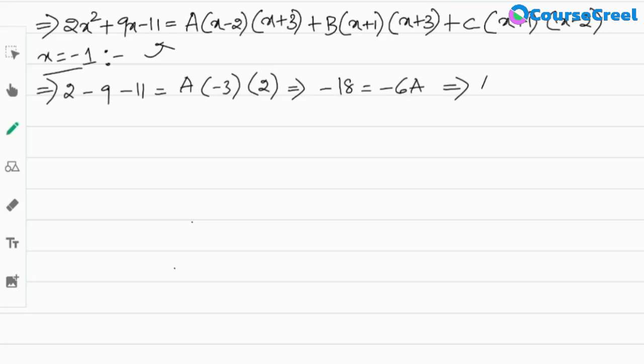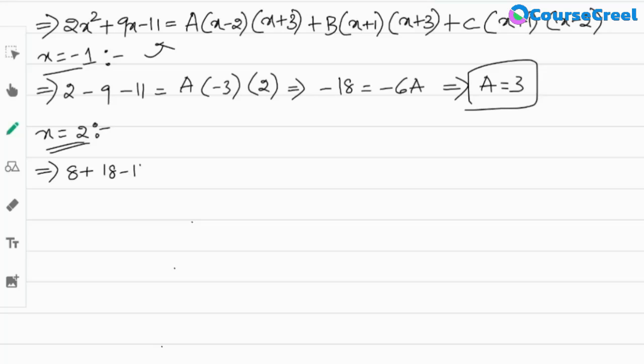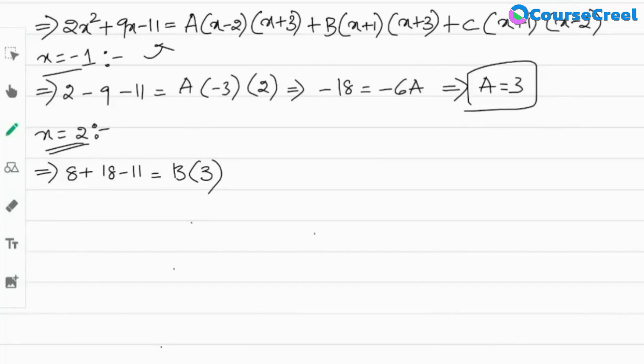This implies a is equal to 3. So we got the value of a. Now substitute the next root, x equals 2: 8 plus 18 minus 11 is equal to b into 3 into 5.